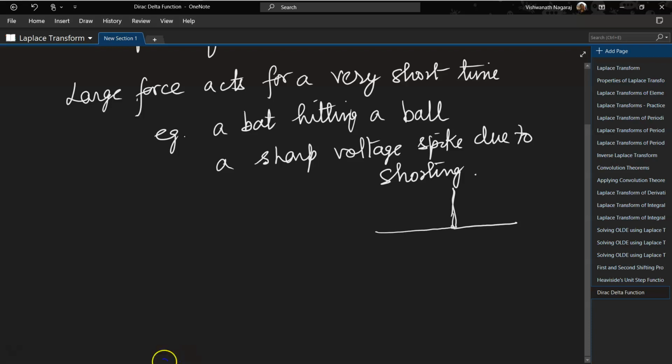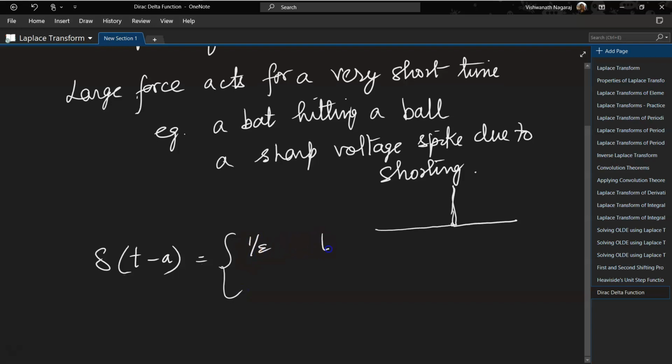Now, what is it actually? The way it is defined is delta of t minus a is equal to 1 by epsilon when t is between a and a plus epsilon, and it is 0 otherwise.